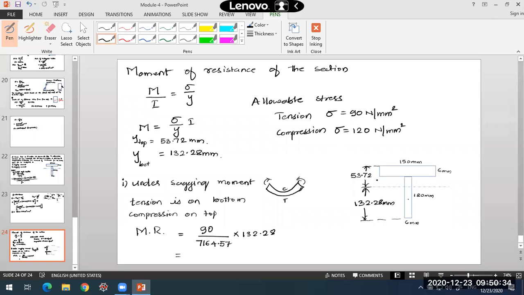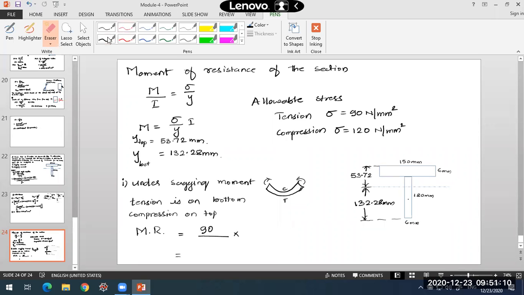Now, first I have taken the bottom fibers. With respect to bottom fibers, I am finding moment of resistance. What is the distance of bottom fiber from the neutral axis? 132.28 mm. Bottom fibers are in tension, and allowable stress in tension is 90 Newton per mm square. So sigma by y, okay, I've gone wrong, this should be y and this should be I here.